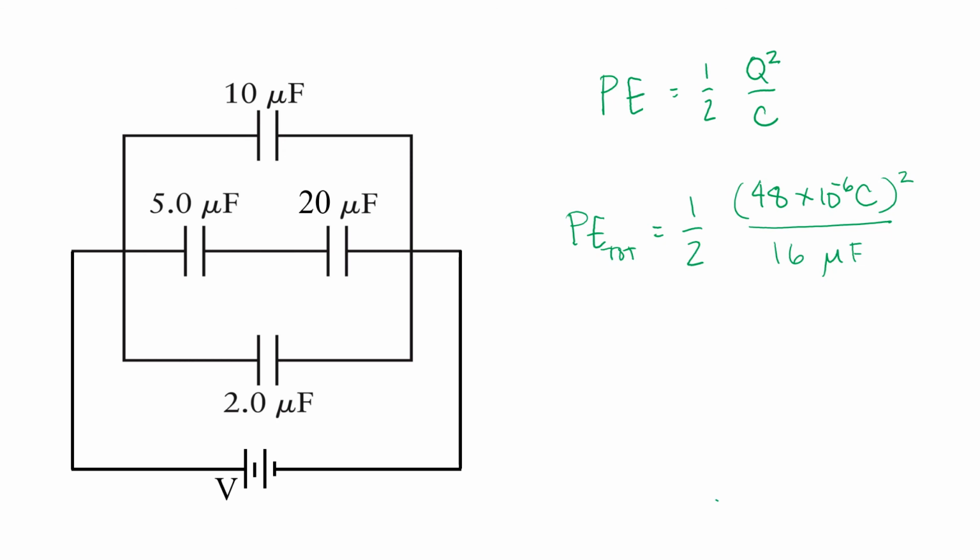And so again, I want to put the 10 to the negative 6 in there. And 48 microcoulombs squared divided by 16 microfarads, and then divide by 2, and I get the potential energy stored is 7.2 times 10 to the negative 5th joules.